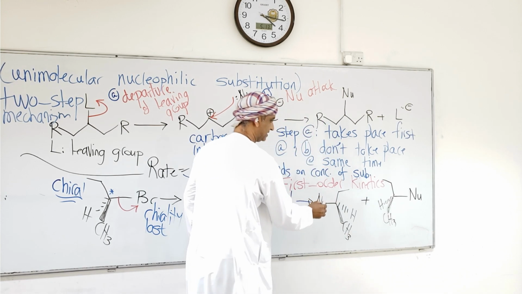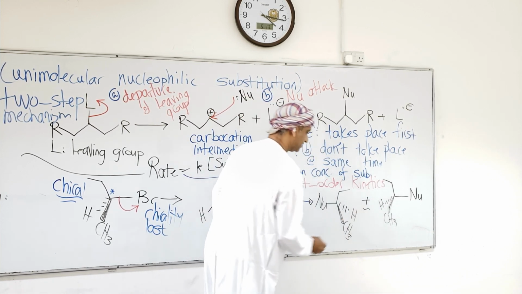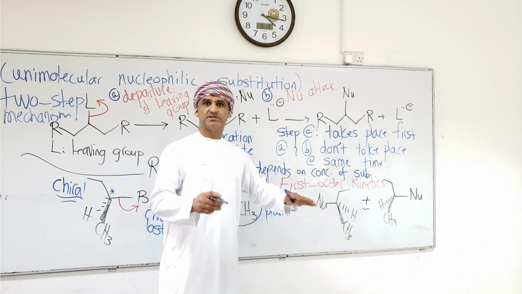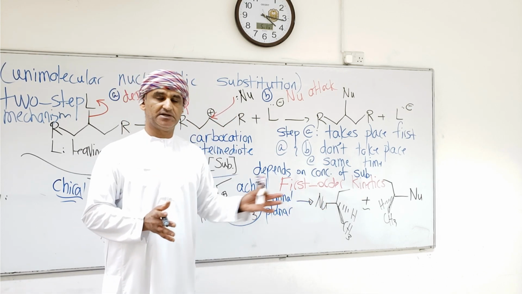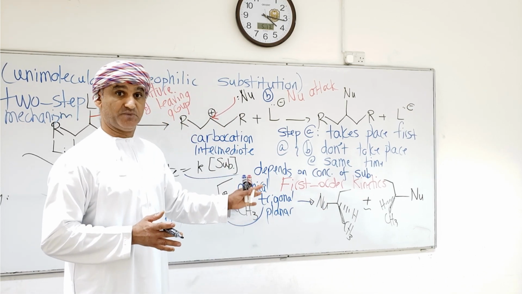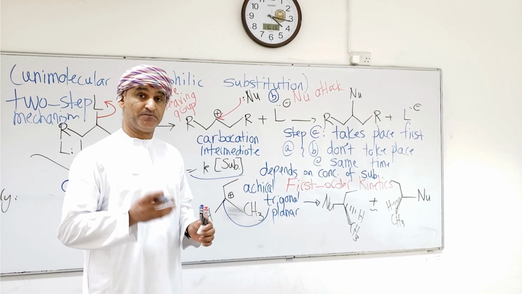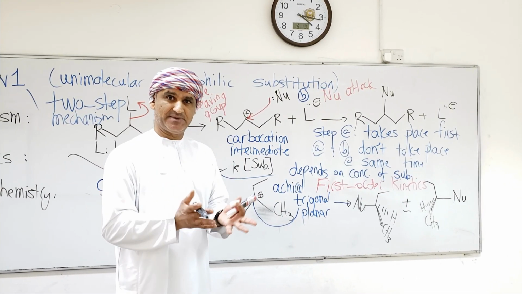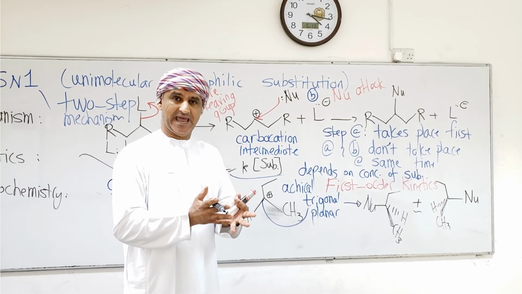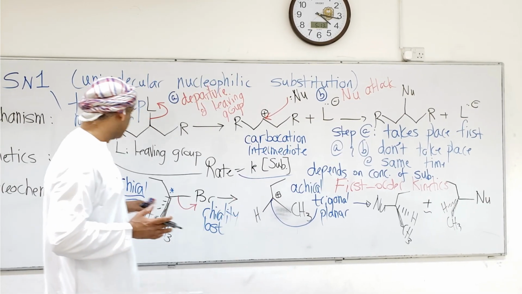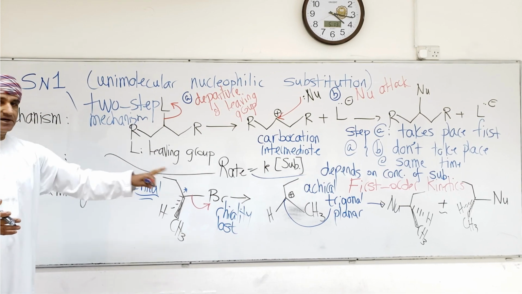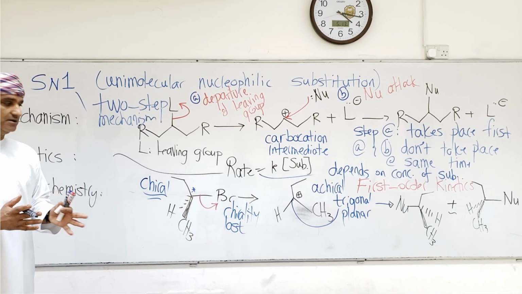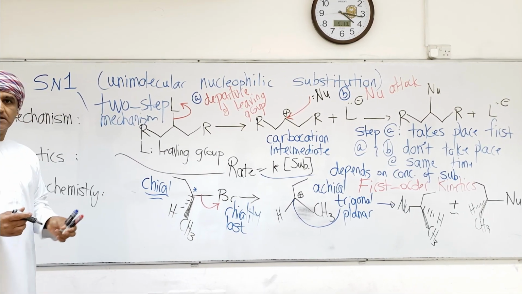and if you notice, R and S. Nu is a general representation, so it's not really important here. What is important here is that a mixture of R and S is obtained. So it's a racemic mixture, or racemate, which means that the SN1 mechanism type results in racemization of chiral centers.